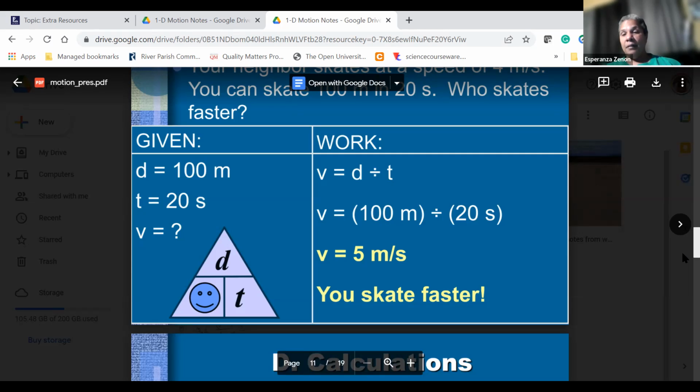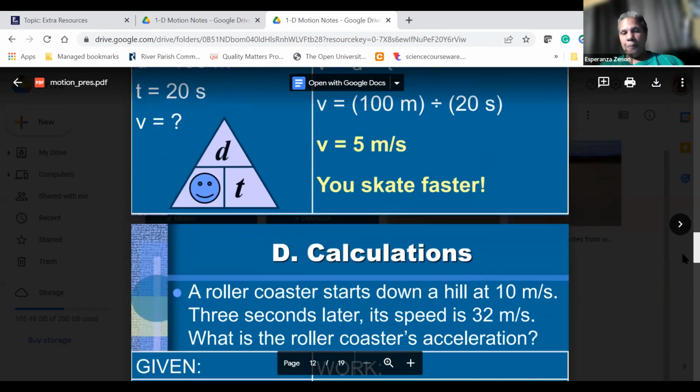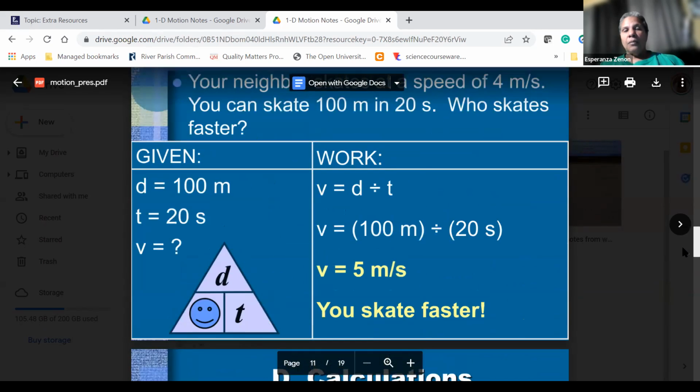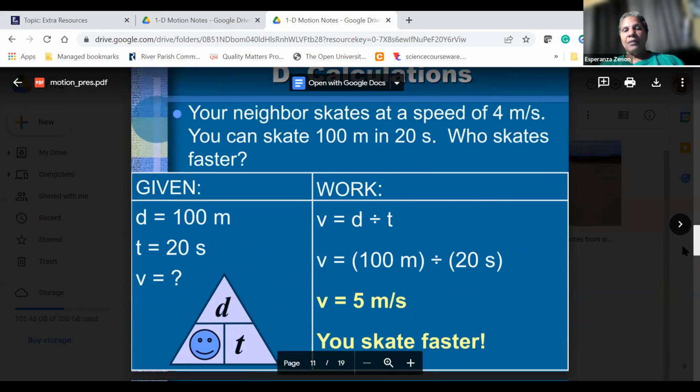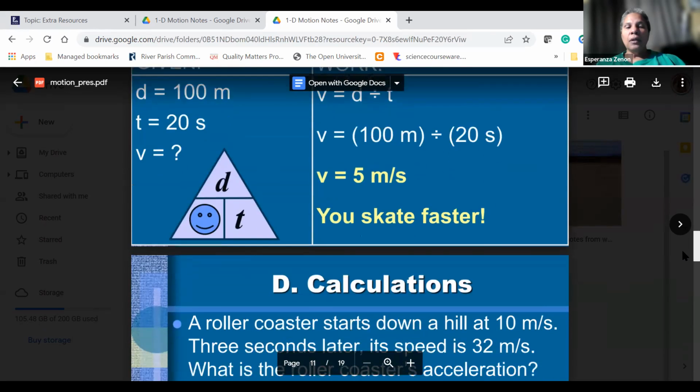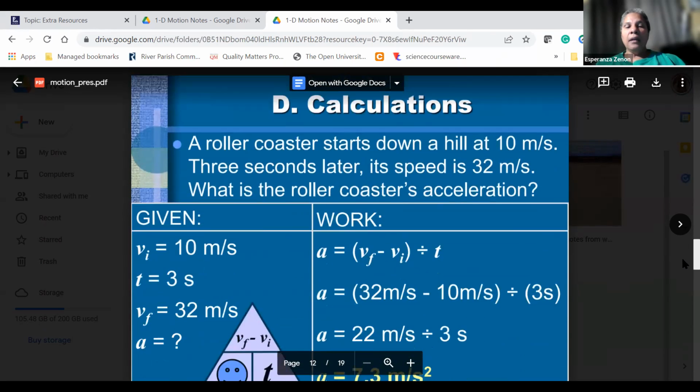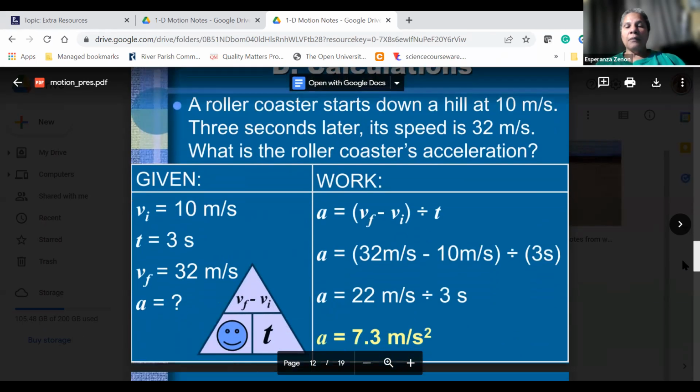I win, huh? I skate faster, or you skate faster, okay? Let me slow down. Any questions about this particular problem and the pyramid that I used? All right, because these are exactly the kinds of things that you would have to do in the problem set and on exams or what have you, okay?